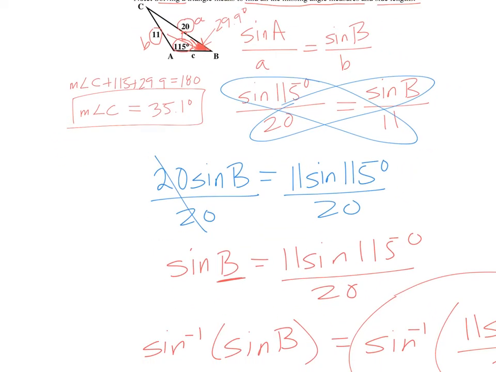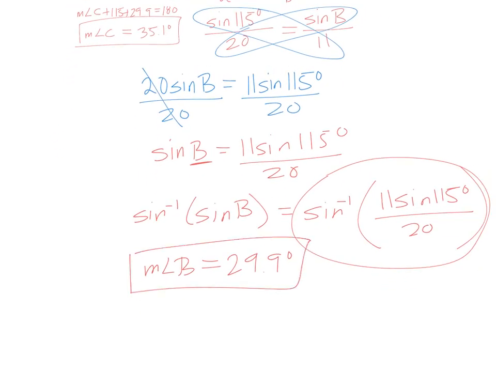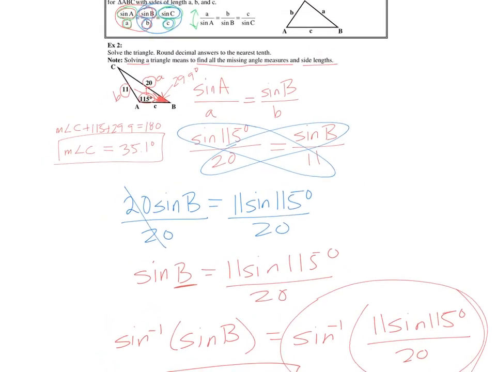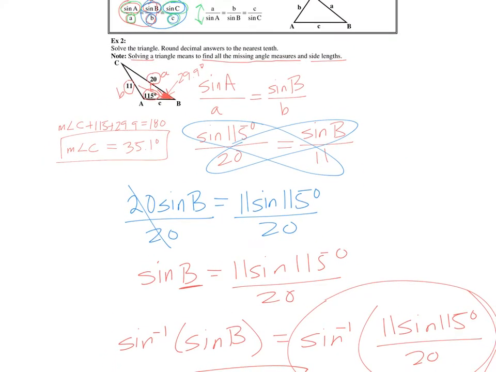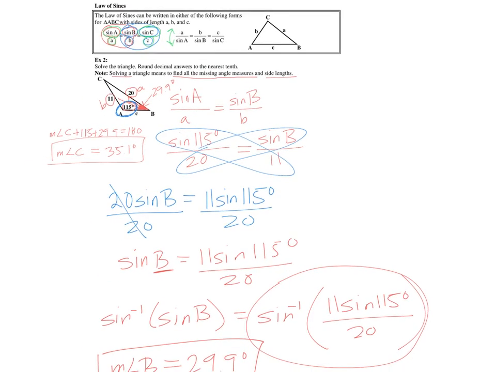So I have the angles now. Let me go back down here. I have one last missing side to find. And I want you to make it a habit of always using the biggest angle. There's some reasons for doing this, but if you make it a habit of using the biggest angle, you'll always end up getting the right answer. So I'm going to use sine of A, so sine of 115 over 20.